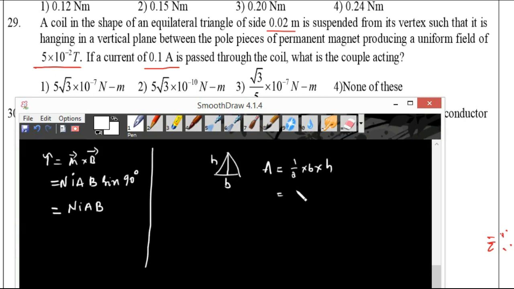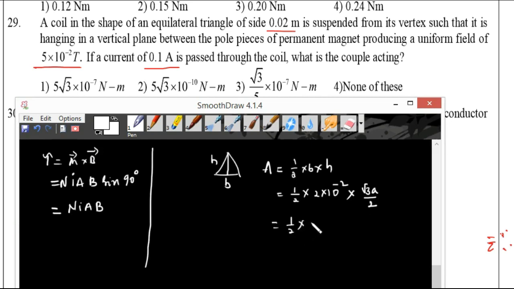So that is equal to half into base is 2 × 10 power minus 2 into height. Height is root 3 a by 2 for an equilateral triangle. The side is 0.02, so I just substitute over there.